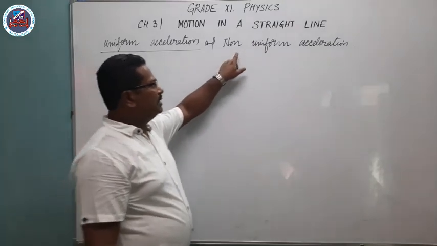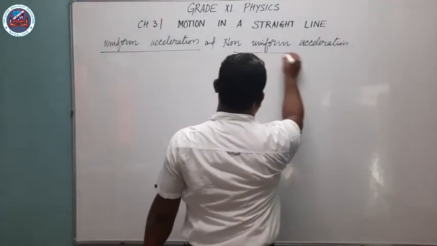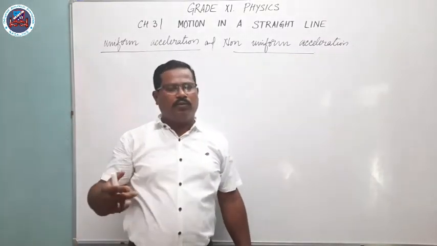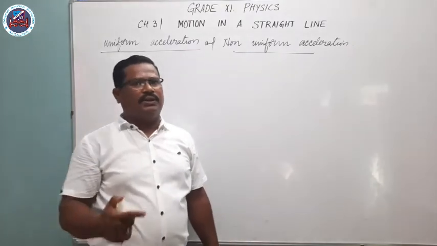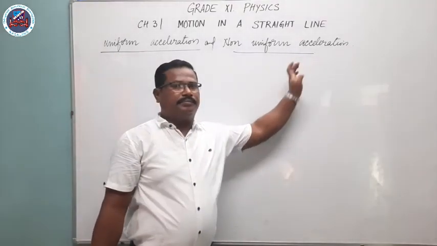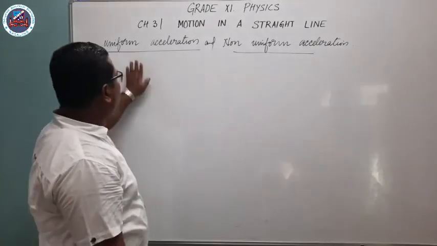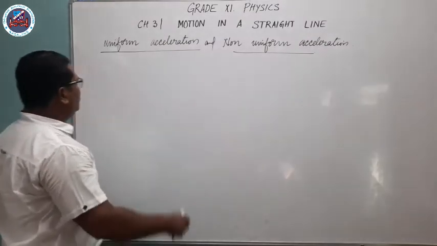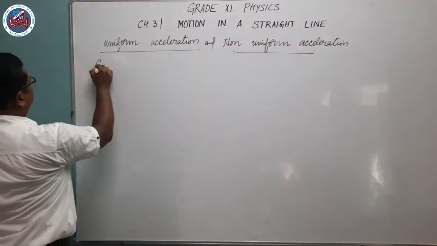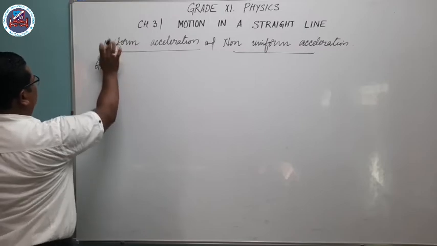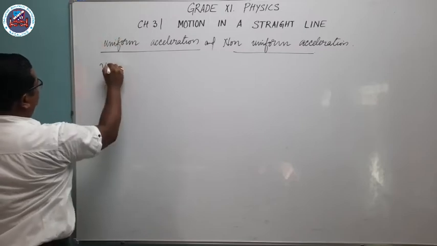And non-uniform acceleration will be just the reverse of that. If unequal changes in velocity take place in equal intervals of time, then it will be called non-uniform acceleration. Now after knowing uniform acceleration and non-uniform acceleration, let us see some graphs related to velocity time graphs.